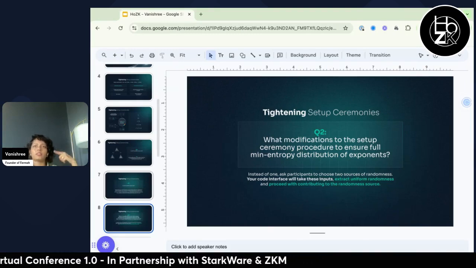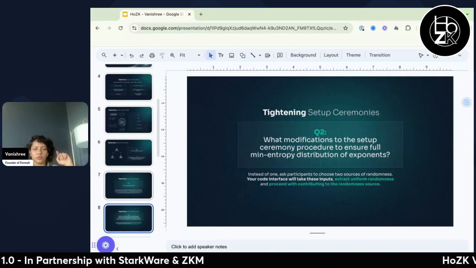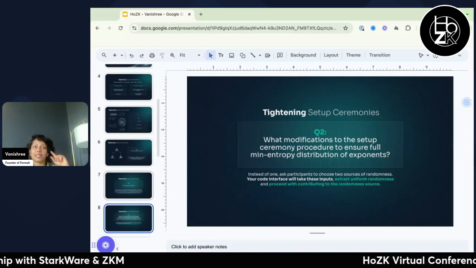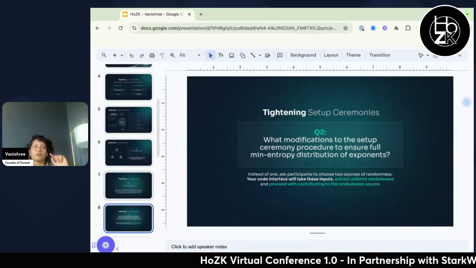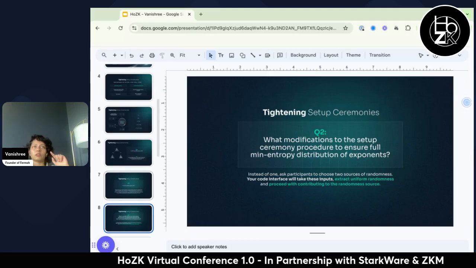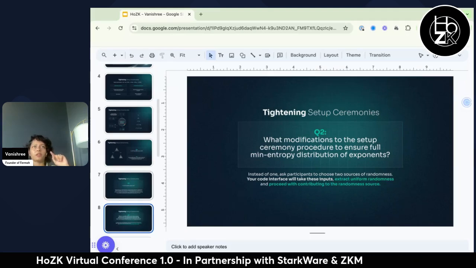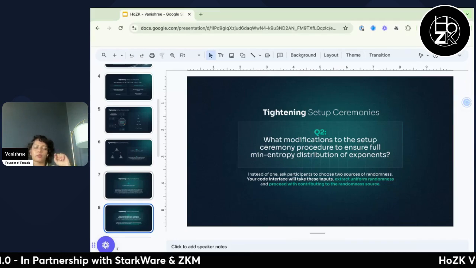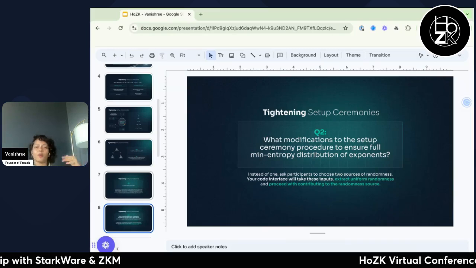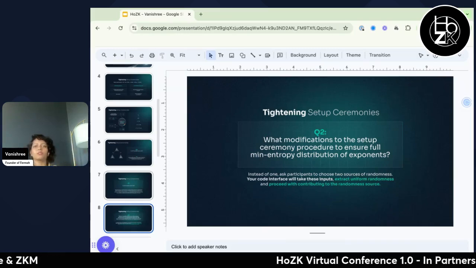That should be the one contributing to the trusted setup ceremony, because this extractor is built to increase the effective min entropy of the extracted value. So the product didn't do the work. All I'm saying is to start with two.